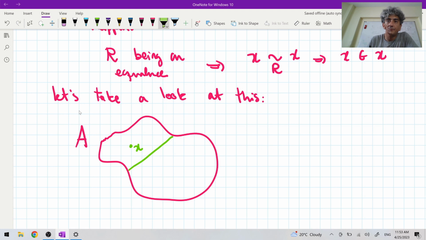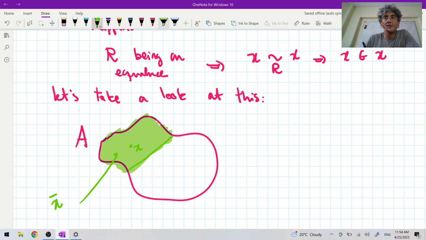Okay, so all these green ones are the ones that are related to X. So this subset of A is actually X bar.